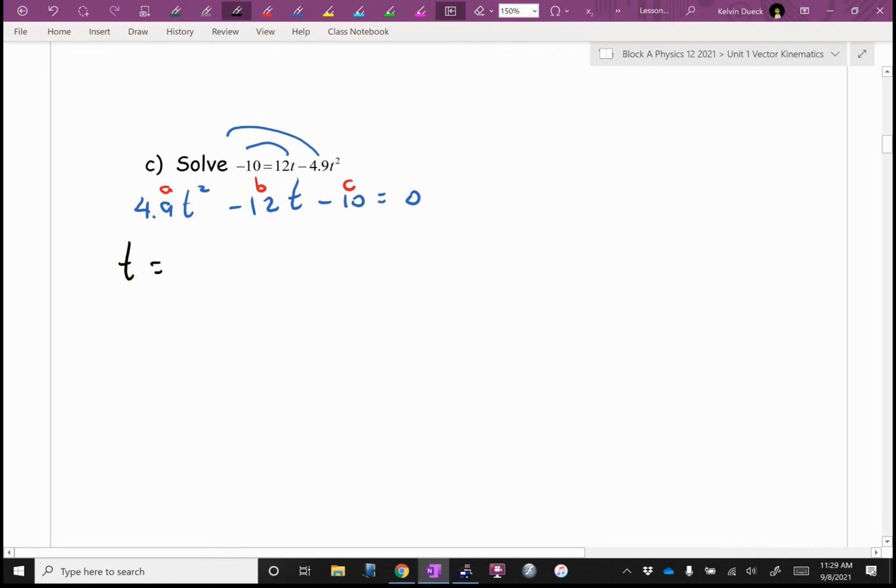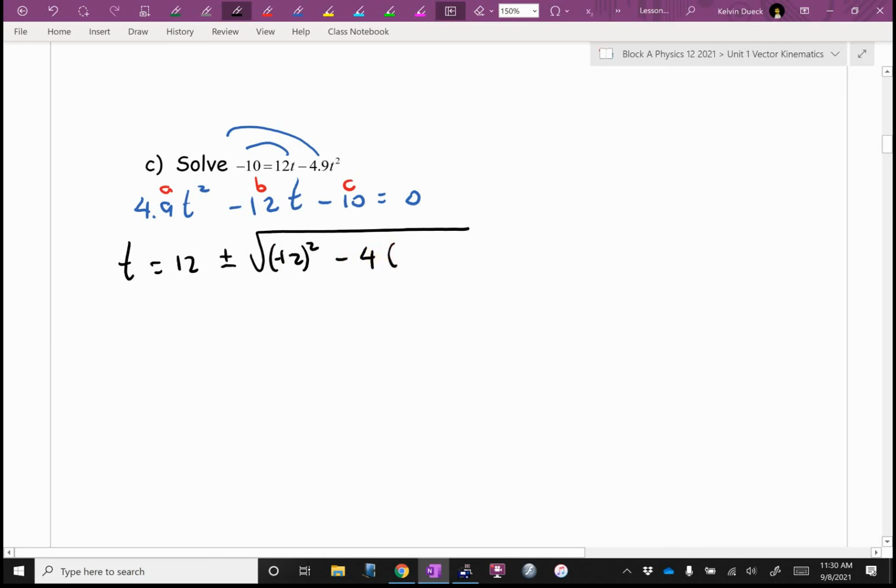What's negative B? 12. Plus or minus the square root of B squared. I might be tempted to be lazy and write 144, because I know that negative 12 times negative 12 is 144. Or I might at least chuck the negative, knowing that I'll write it, but I won't type it on my calculator because the negative is going to vanish.